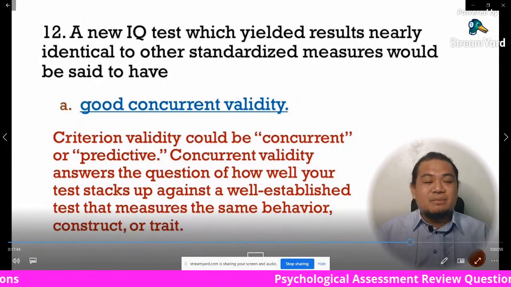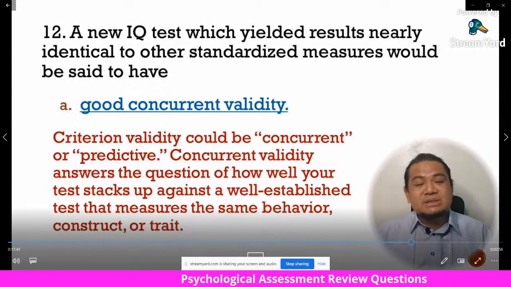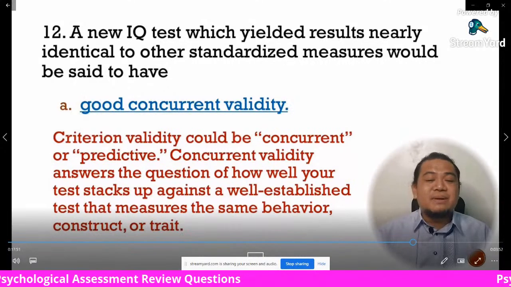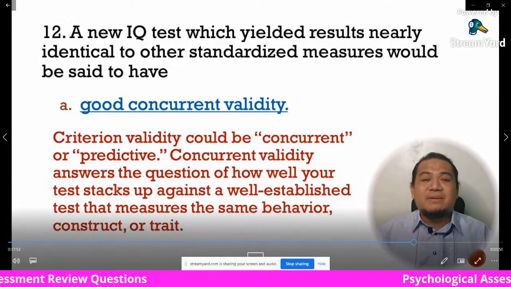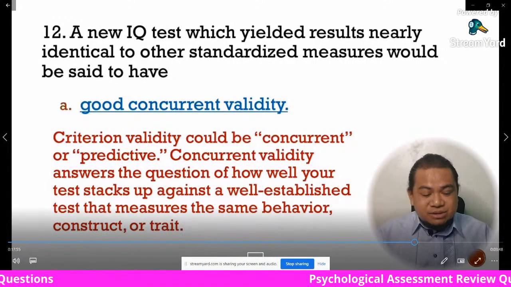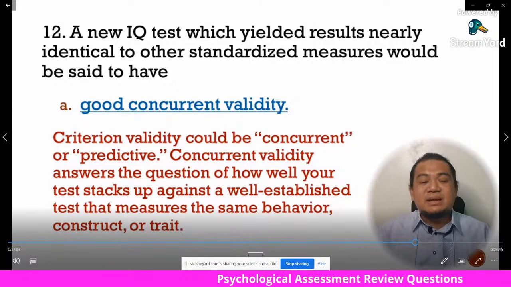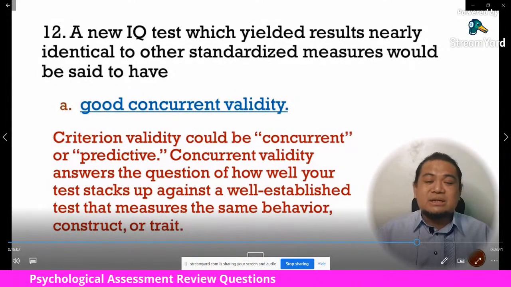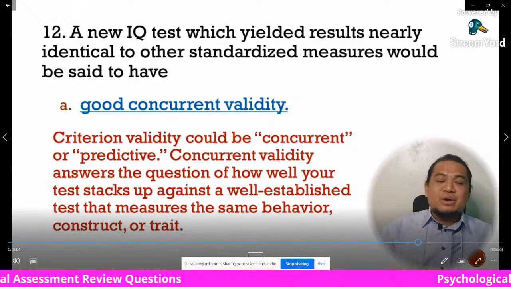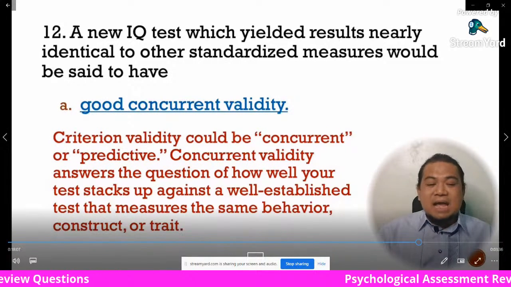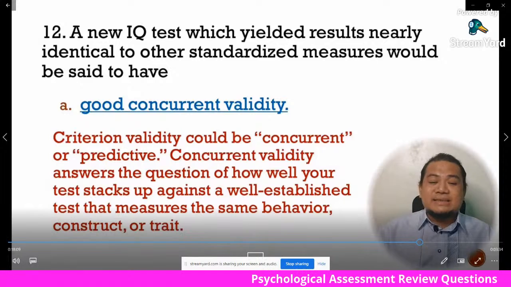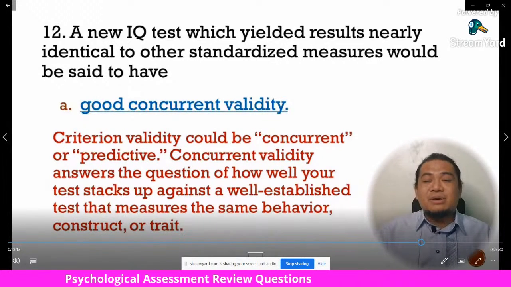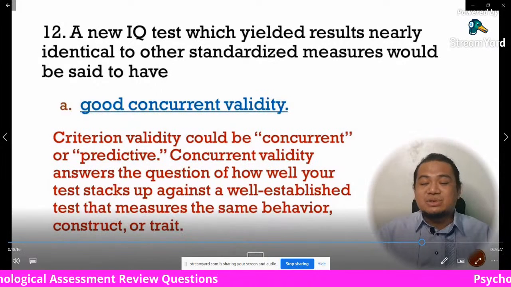You also should be familiar with the terms convergent and discriminant validity. These terms relate to both criterion validity and construct validity. The relationship or correlation of a test to an independent measure or trait is known as convergent validity. Convergent validity is actually a method used to assess a test's construct or criterion validity by correlating test scores with an outside source.